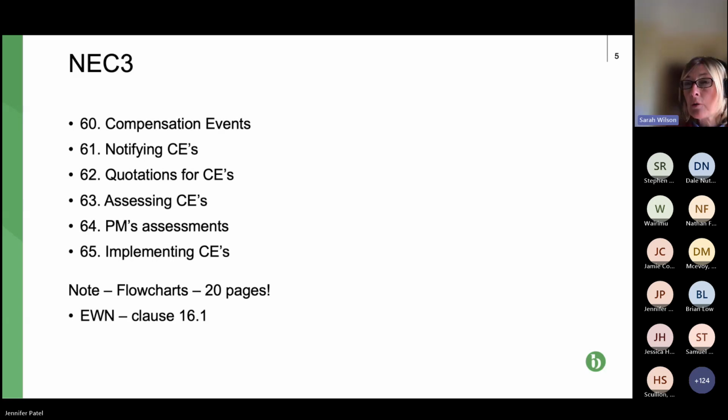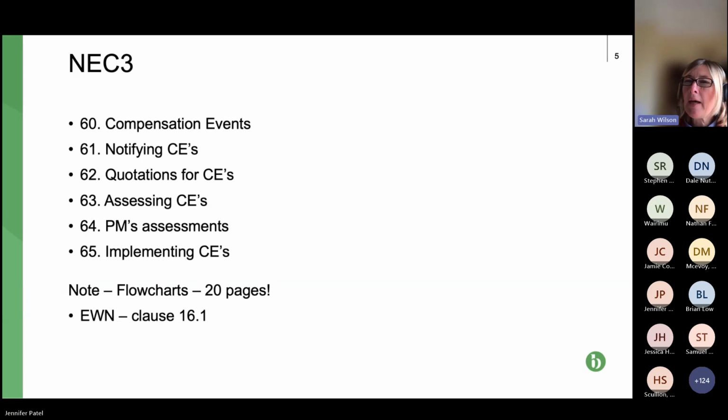Now, I would like to have a look, before we move on to the next slide, at the clause 60 compensation events, just to show by comparison that they are quite prescriptive in comparison to what we see in JCT. So with JCT at clause 5, changes or variations, whatever you like to call them, what we have is quite a wide provision: if something changes in the nature of the works, the employer's requirements or contractor's proposals, or the access.